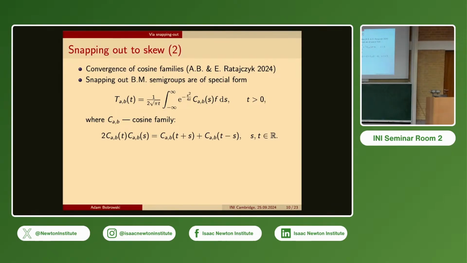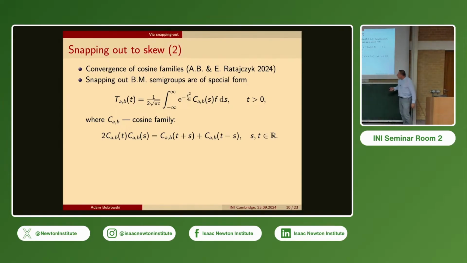Some semigroups can be obtained from so-called cosine families. Like this is the Weierstrass formula. If you have a wave to the right and to the left with probability half, then it's just a Brownian motion if you randomize it. So it turns out that these snapping out Brownian motions are also of this form. I need to add immediately that not all semigroups are of this form. Only very special, very particular ones are.